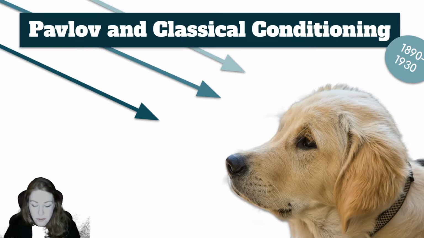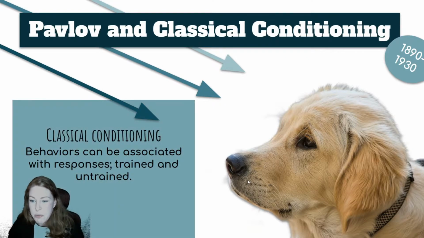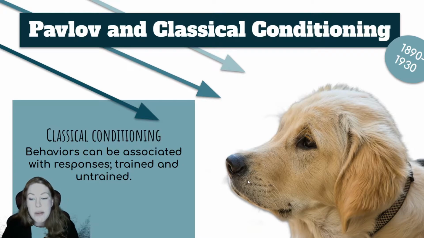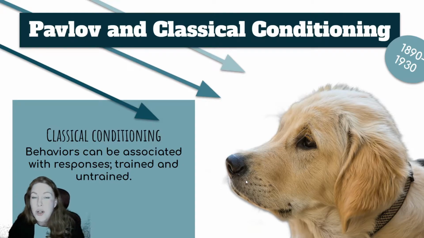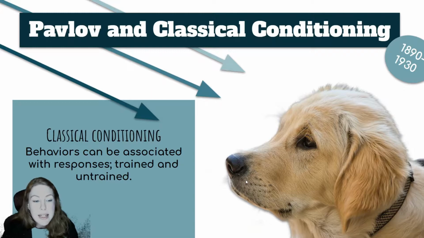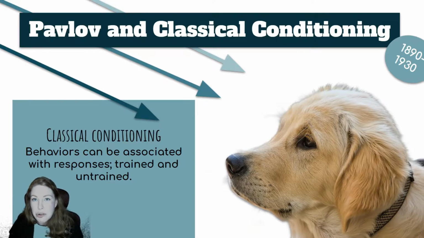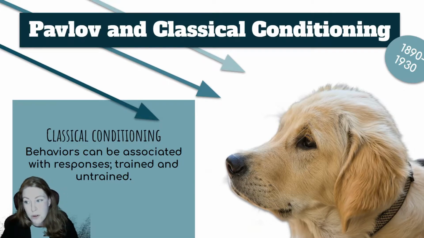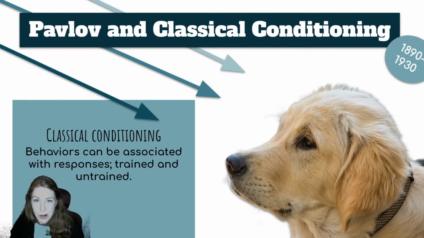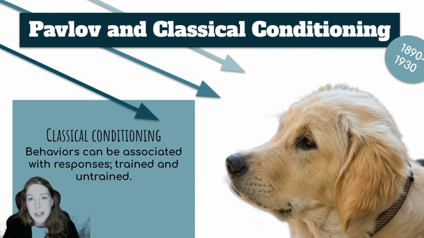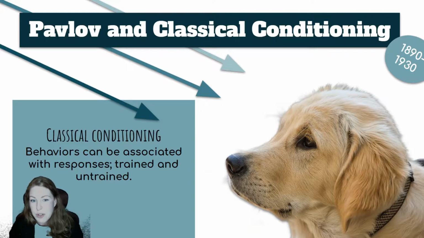So based off of Pavlov's experiment, they came up with classical conditioning, which basically means that behaviors can be associated with responses, trained and untrained. So in the example of Pavlov, every time his owner rung a bell, he gave him food. So when he rung the bell again, Pavlov would salivate, waiting for the food to come.